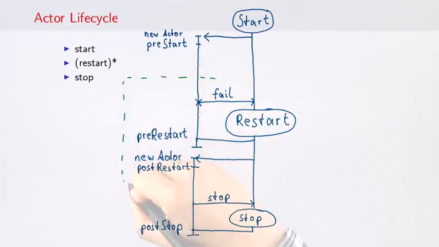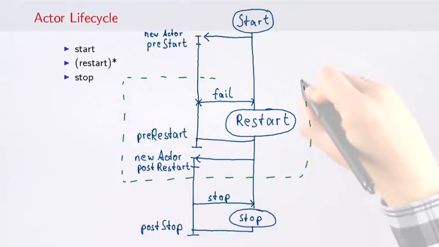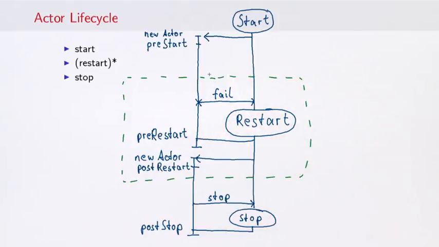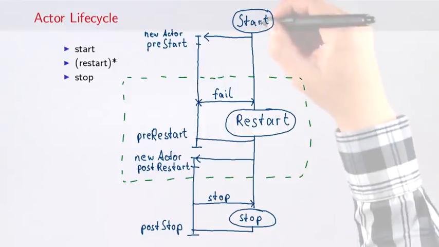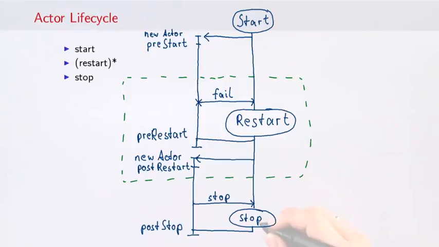Restarts can happen zero, one, or any number of times, but an actor will always have one start event and one stop. After the stop, it is completely terminated and cannot be restarted anymore.